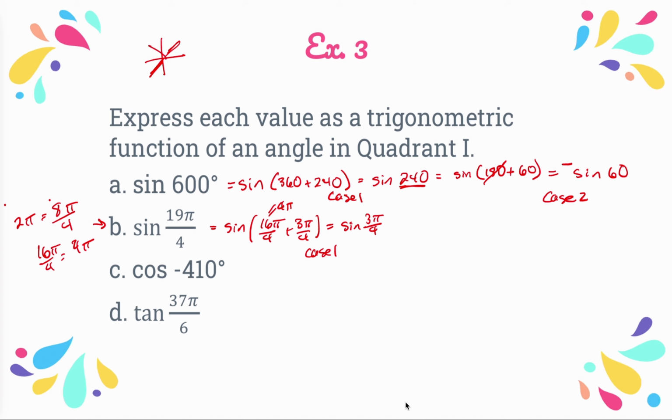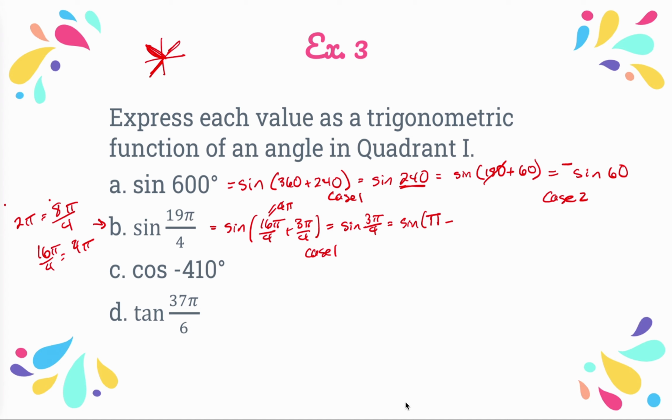3 pi over 4 is in quadrant 2. To get from quadrant 2 to quadrant 1, we need to use case number 4. And so according to case 4, we do 180 or pi minus 3 pi over 4.